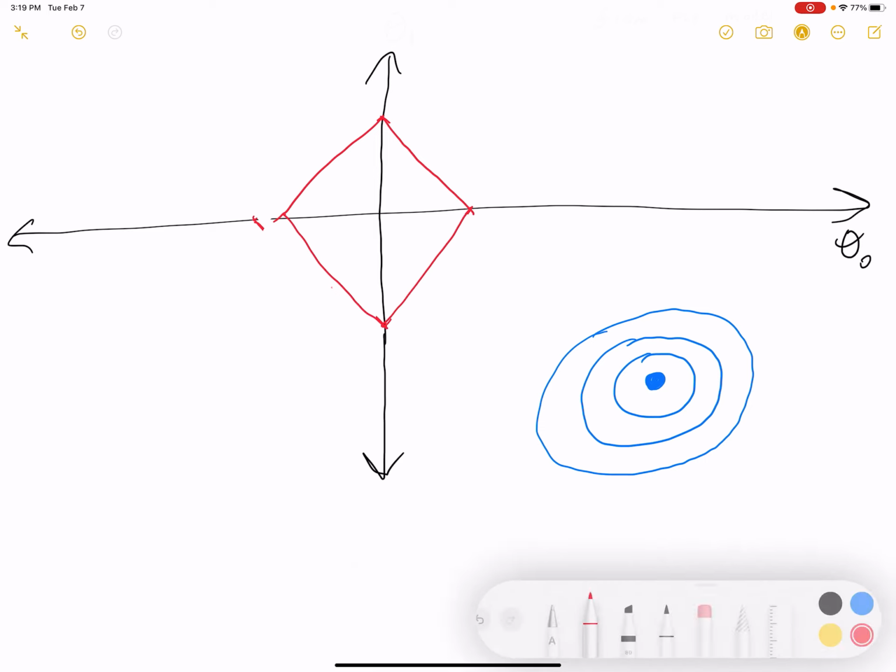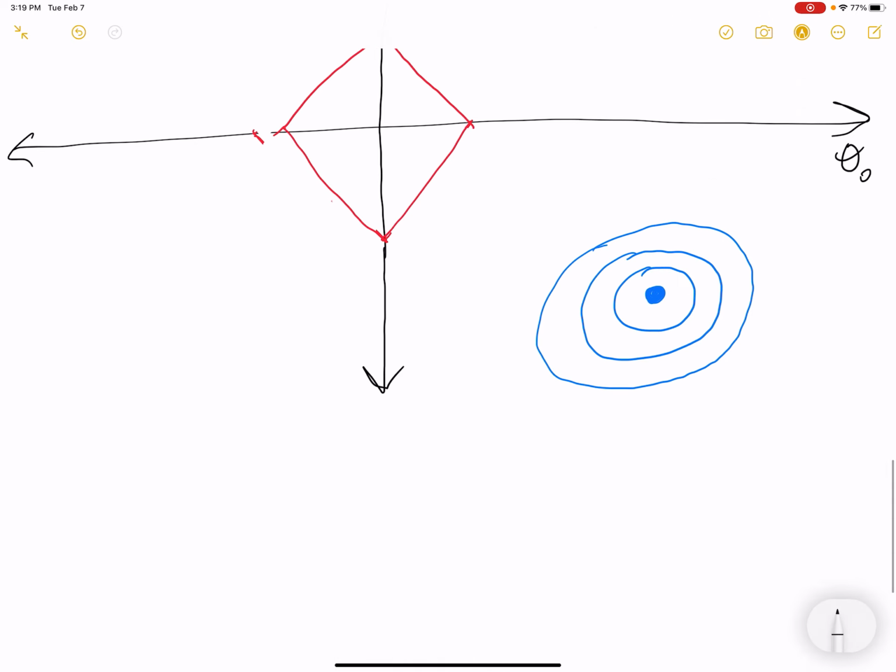So, let me label this. This point is the value of theta 0 and theta 1 with the lowest mean square error. Don't worry about these circles yet.